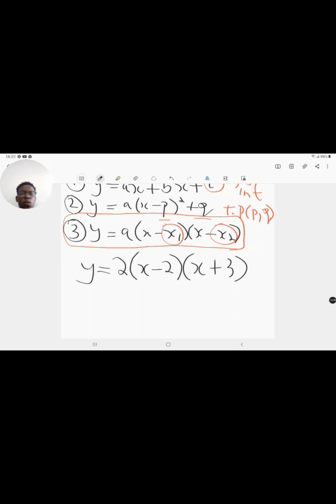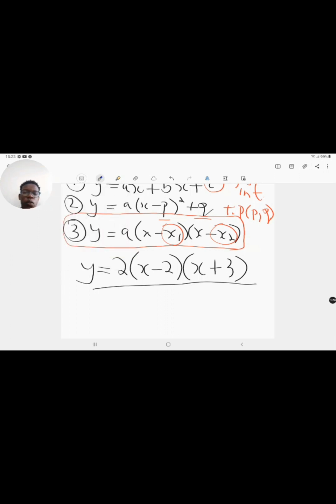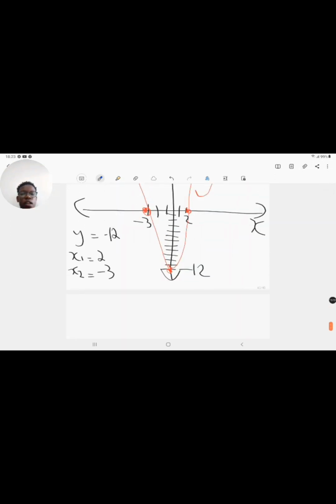If you look at this equation here, you will agree with me that these values correspond to each other. So this value corresponds to that value, and this value corresponds to that value. And from the answer that we got, what are the x-intercepts?